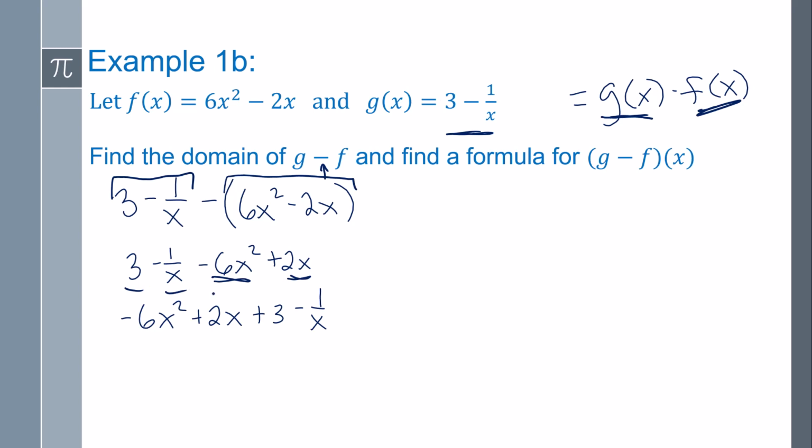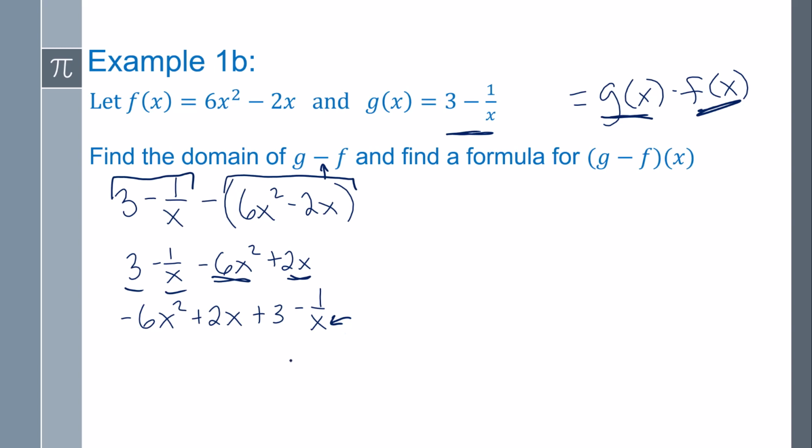Now, if you remember a few lessons ago, we looked at the domain, and we said, what are some of these restrictions? One of them was a negative inside of a square root. So do I have x inside of a square root? No. The other one is what happens if I divide by 0. Because I am dividing by x, it is possible for me to divide by 0.